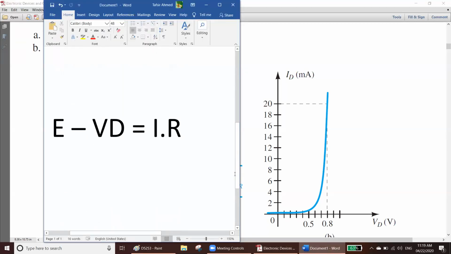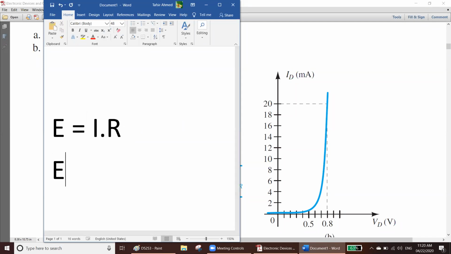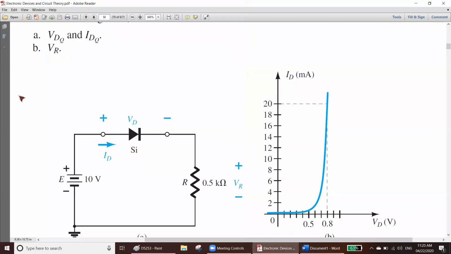Now let's put VD is equal to 0. Why? Because in this line, if you go up, your VD is 0, right? So if you put 0, this one will vanish. Now find the value of I. So I will be E divided by R, equal to 10 volt divided by, what was your 0.5, right?